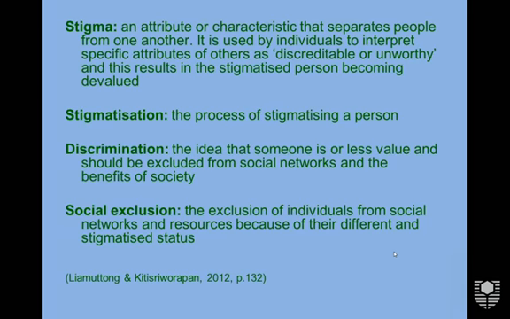So stigmatization is the process of stigmatizing a person. You're marking them out, almost like putting paint on them, to say you're not worthy, you're different, you're weird, you're unacceptable, you're dirty, a number of negative judgments, and you are devaluing the person. You are setting yourself apart and setting yourself above.